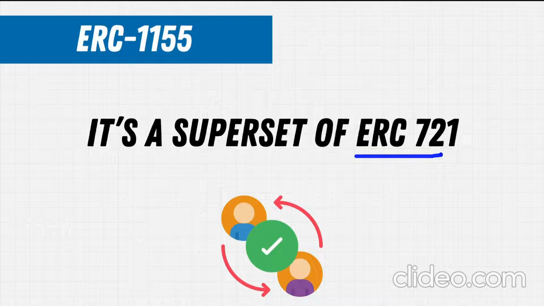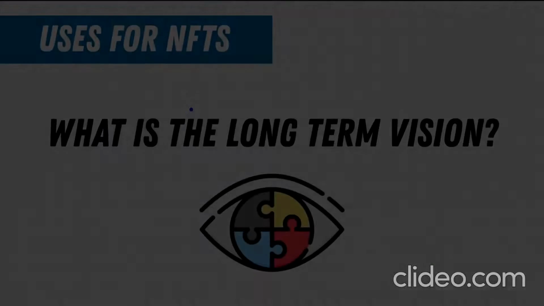And ERC-721 did a lot of good things, but the enhancements that come from 1155 far outweigh the benefits of 721. And that's where the trickiness lies. But basically, this is the smart contract type that is now powering the majority of transactions around NFTs on Ethereum. And that's what we need to know here. That is the crux of it all.